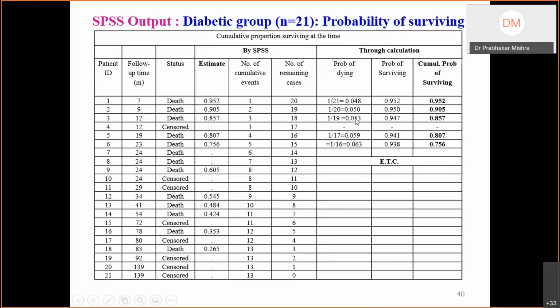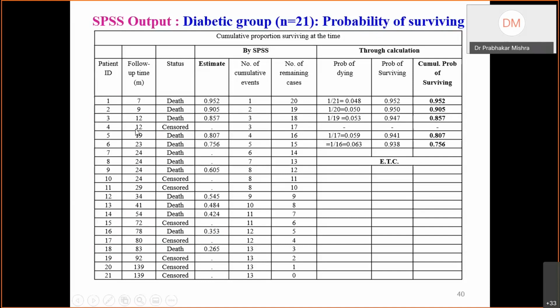Remaining 1 minus this is the survival probability of this group. And the cumulative survival probability of this group is this multiplied by this, which is equal to 0.857. So this is the cumulative survival probability.